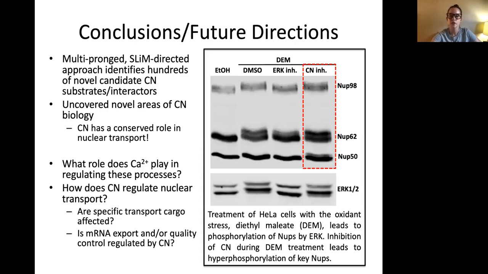And so when we treat HeLa cells with the oxidant stress diethyl maleate, or DEM, we see a phosphorylation of various nucleoporins that are hyperphosphorylated when you perform the same treatment, but with an inhibition of calcineurin layered on top of it, suggesting that typically calcineurin is opposing those phosphosites on these key transport Nups. So we're starting to dig into ideas like this to figure out the context in which calcineurin might be acting.